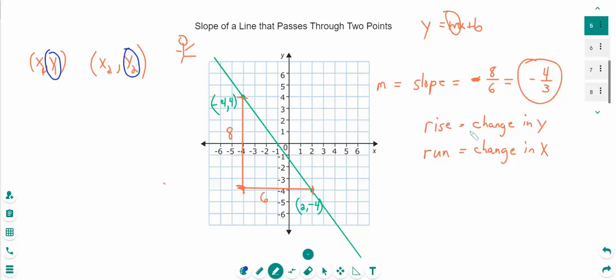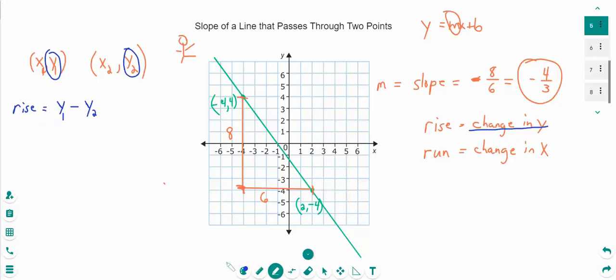Wouldn't that give us a change in y, the difference in the y's? Sure. So we could think of it as being the rise is equal to the change in y. So it'd be y sub 1 minus y sub 2. Okay? That's what the rise is.